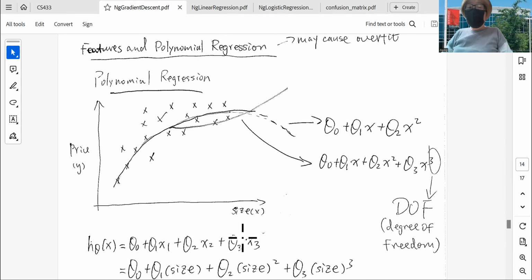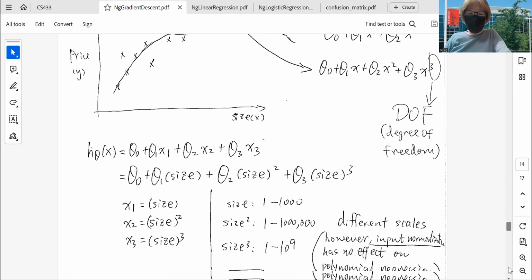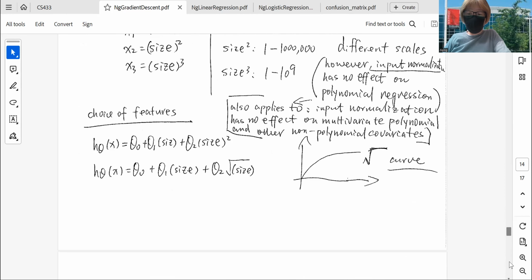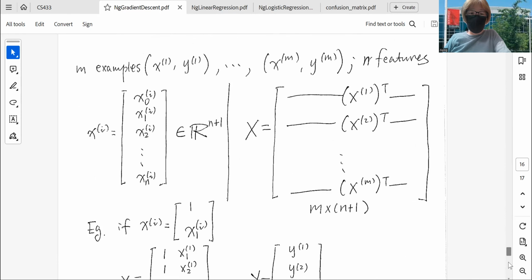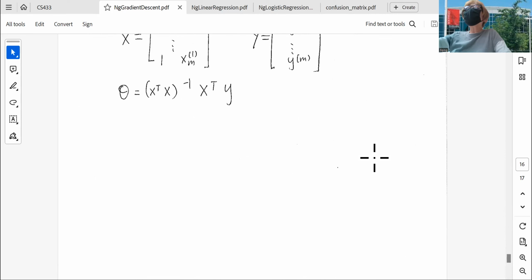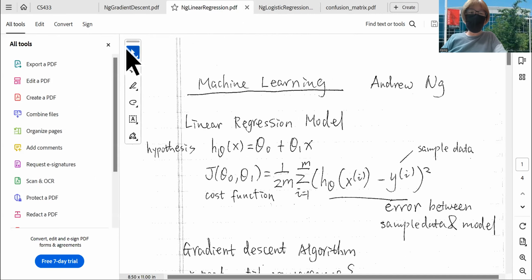And then you can convert to this, so you can still use the linear regression concept. Okay, so this is the general idea, a review about gradient descent.